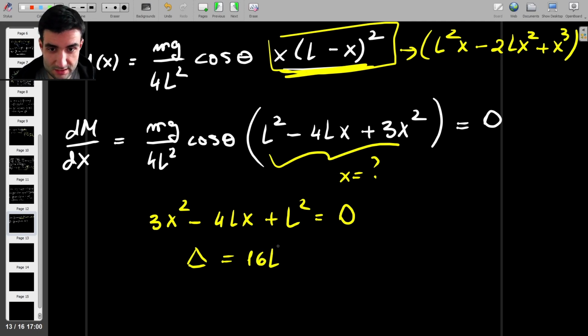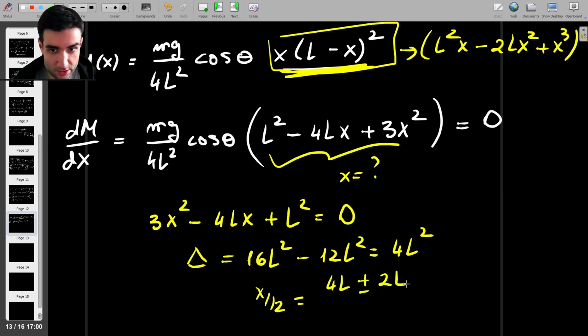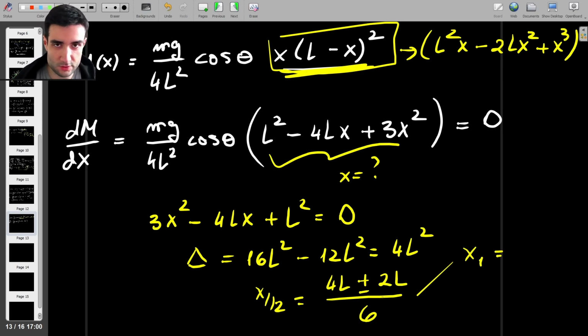So this is going to be 16L squared minus 12L squared, and we have a perfect square, 4L squared. So x1,2 is going to be 4L plus or minus 2L over 6. I'll take the negative one first. So 4L minus 2L, that's 2L over 6, L over 3. And x2 is going to be L.